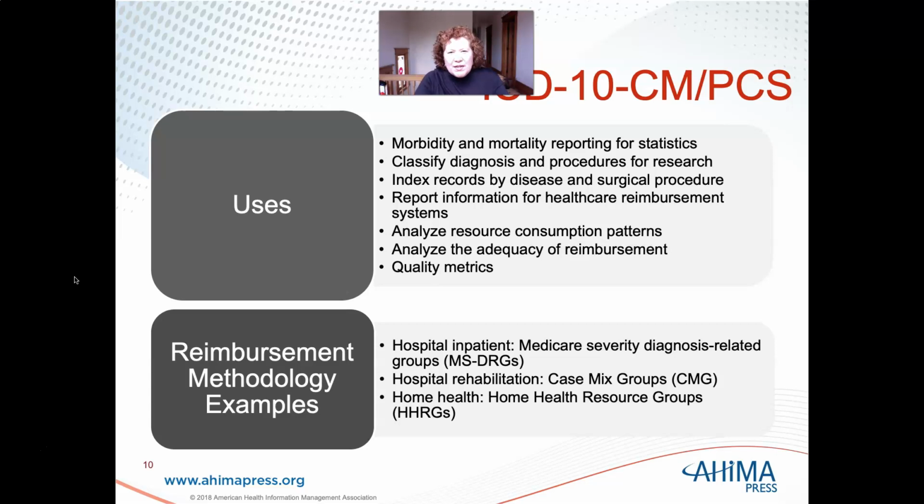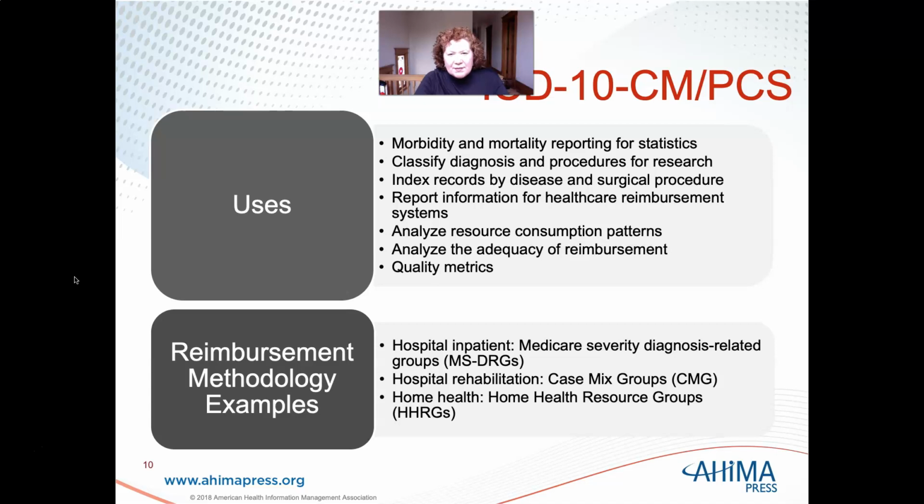And so they needed something that was bigger, more flexible, had more chances to add things to it, and was a little more standardized than ICD-9, specifically for morbidity, more so than mortality. And so that's really what the push was behind that.